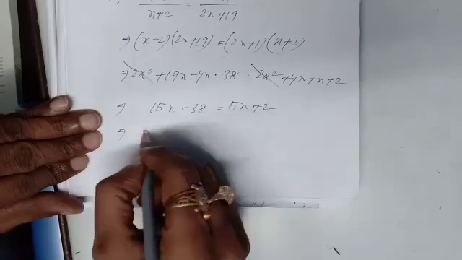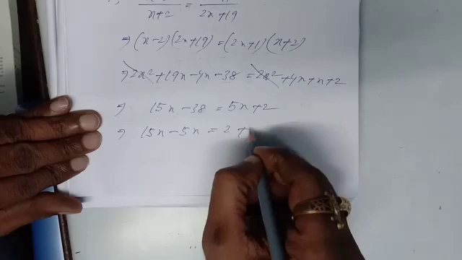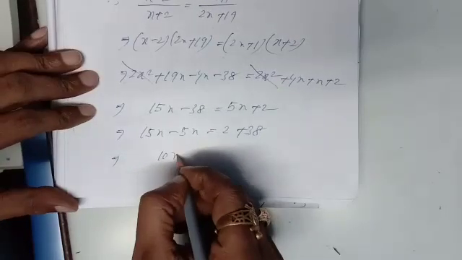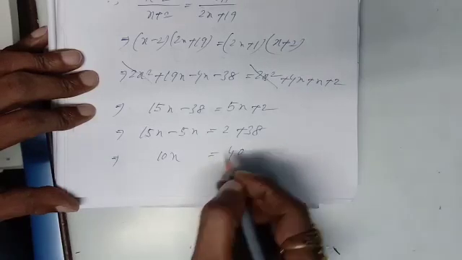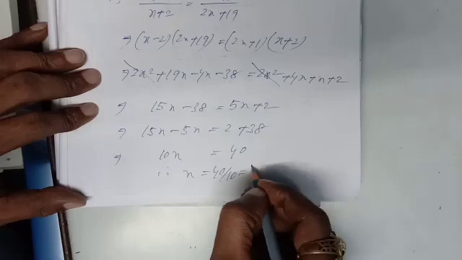Now 15x minus 5x will give you 2 plus 38. 15x minus 5x is how much? 10x. 10x equal to 40. Therefore, x is equal to how much? 40 divided by 10 is giving 4.